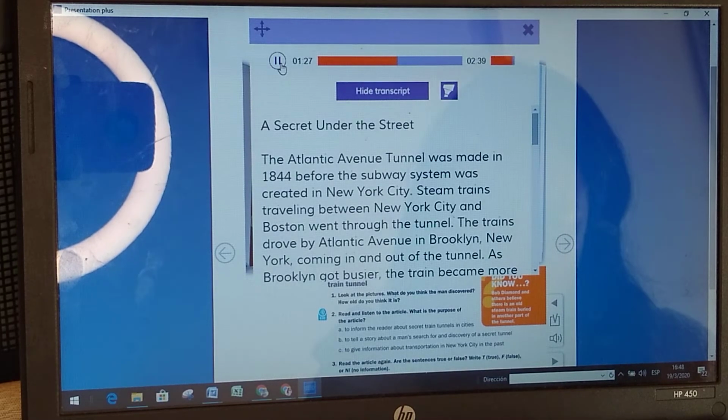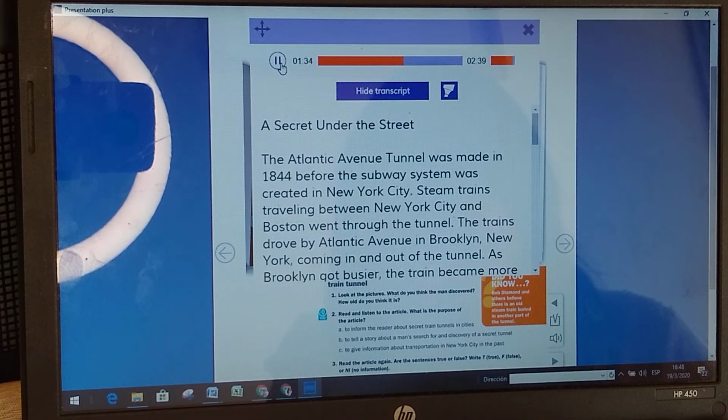After hearing about the mysterious tunnel, he decides to start looking for it. Bob finds an old map with the tunnel on it after searching city records for 8 months. It shows a circle above the tunnel, and Bob thinks it might be an entrance.